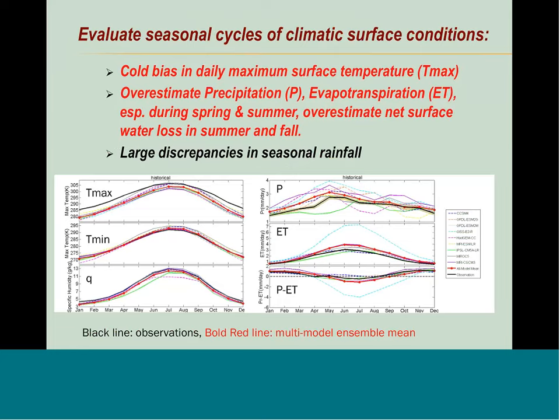As we can see, most of the models underestimate surface maximum temperature and overestimate rainfall, especially during spring and summer. The models also overestimate ET. However, as a net result of the overestimation of both precipitation and ET, the models actually have a dry bias in summer.